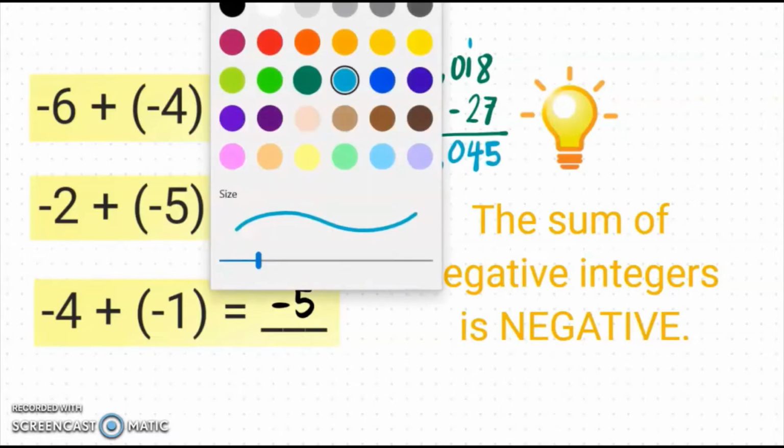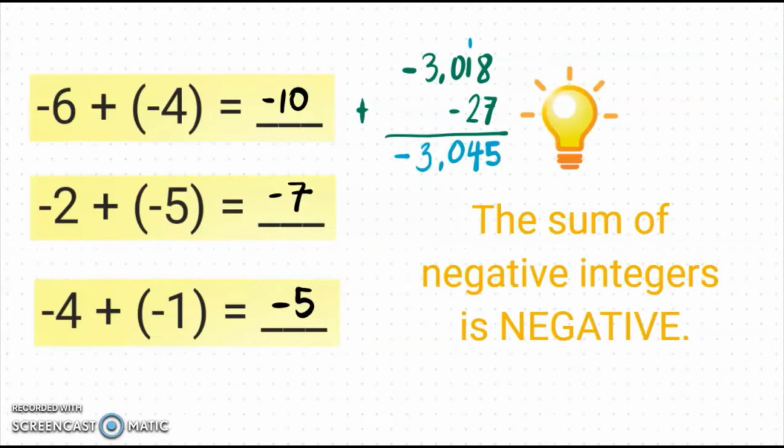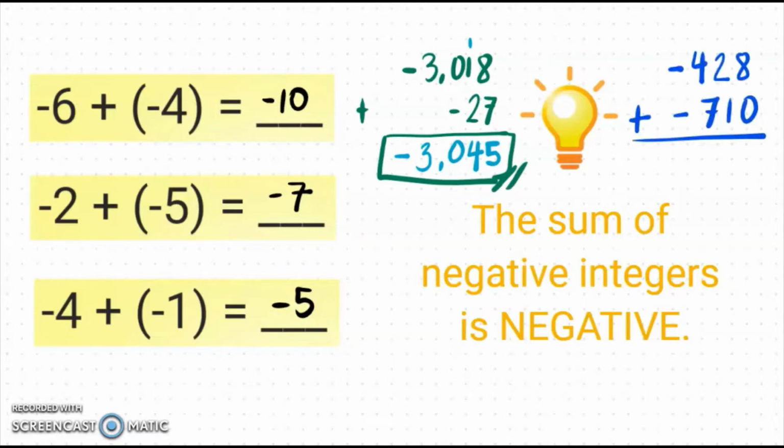So the answer is negative 3045. Then if we have negative 428 plus negative 710, then the sum is negative 1138.